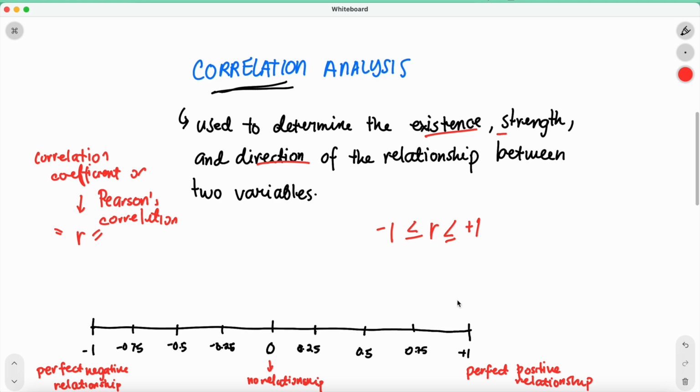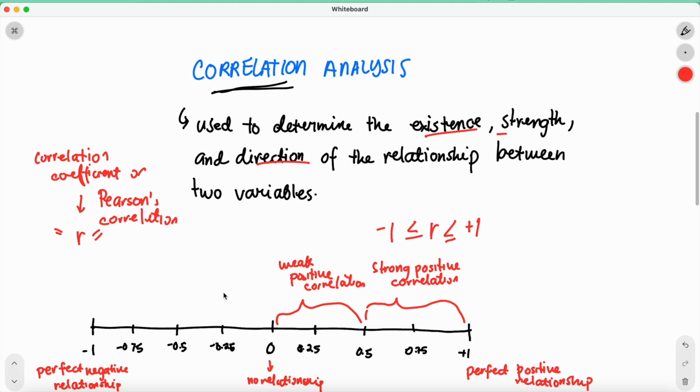Okay? So you can say that there is a strong positive correlation if your r is between 0.5 to 0.9999. If it's between 0.1 to 0.4999, it is a weak positive correlation.